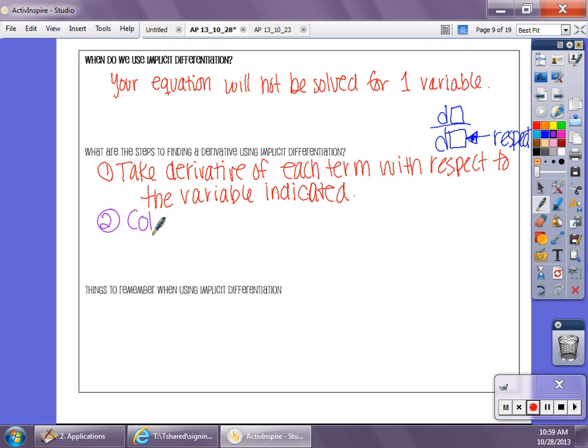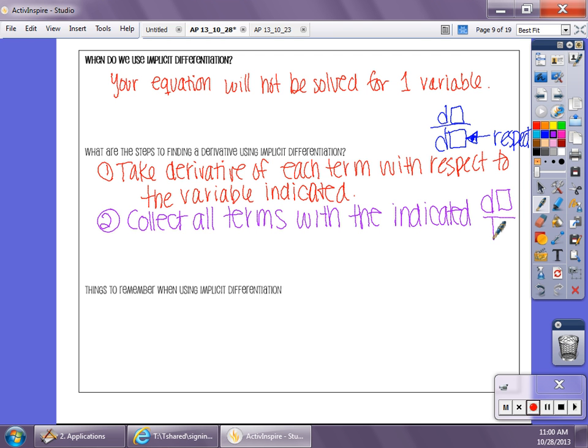So collect all terms with the indicated variable, whatever that is. So if I ask you to solve for dy dt, everything with a dy dt goes to one side. If you don't have it, take it to the other side of the equation. So you're moving terms around, trying to get all of them together.